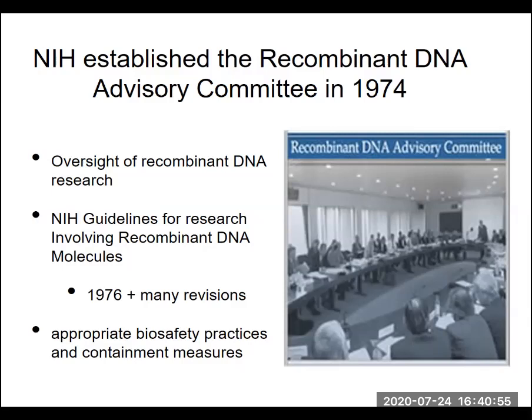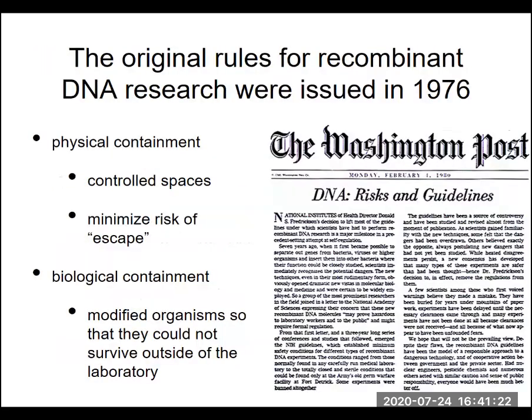This committee continues to work and has come up with lots of rules and regulations for the appropriate biosafety practices and containment measures for working with genetically modified organisms. Again, you don't want to create something and then have the risk that it gets released into the environment, causing problems that we can't foresee at this point. Now, the original rules for recombinant DNA were originally issued in 1976.